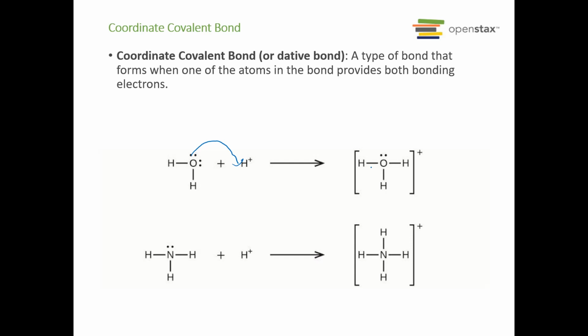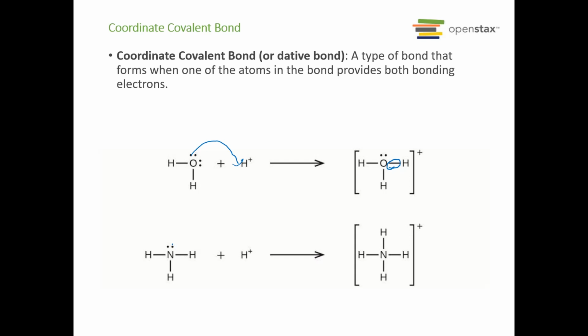So when we have a bond like that, where the electrons are both coming from the same atom, we call that a coordinate covalent bond, or sometimes we call it a dative bond. So this bond that forms between water and this proton would be a coordinate covalent bond.